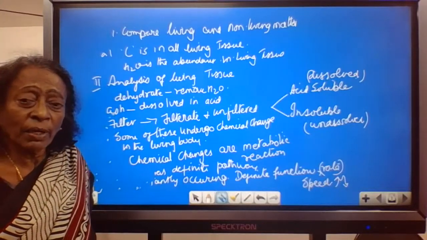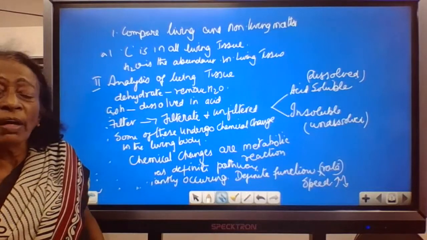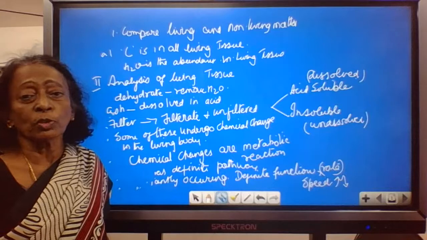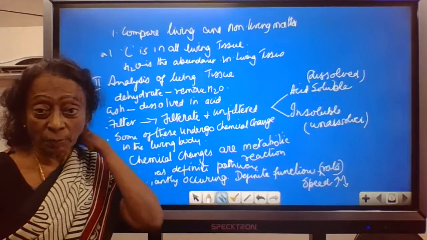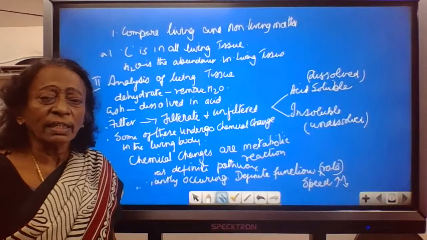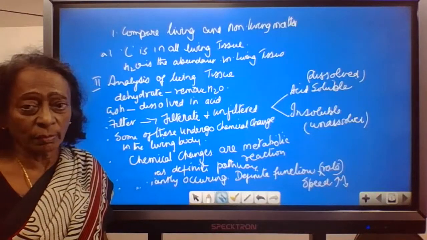Now, in plants, they found out that apart from this primary elemental level, there are certain substances produced in the body of the plant, mainly in the plant. Not in animals also, except certain insects and some higher-order animals.